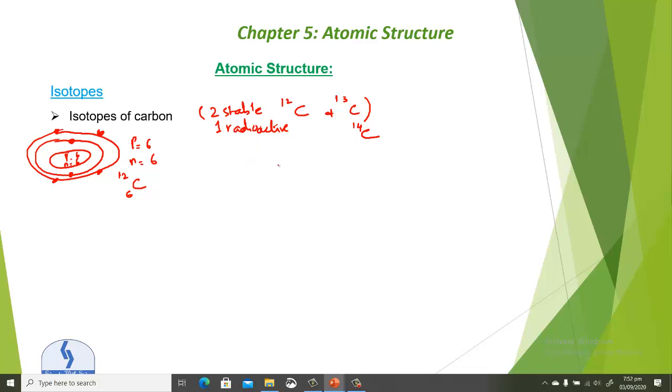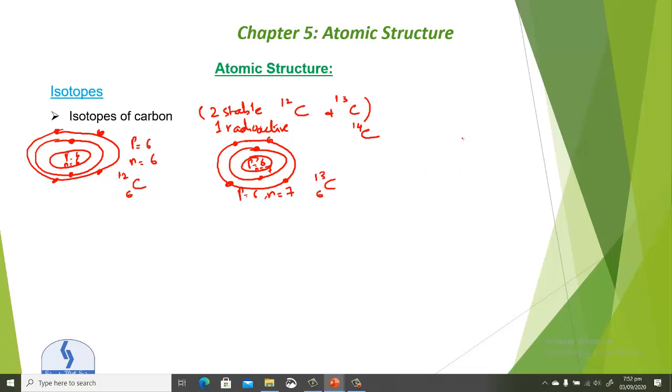The second isotope of carbon: how many protons? Proton again 6. And neutron is 7. Proton 6, neutron 7. And the electrons: 2 in the first orbit, and then the remaining 4. This is carbon 13 and 6.